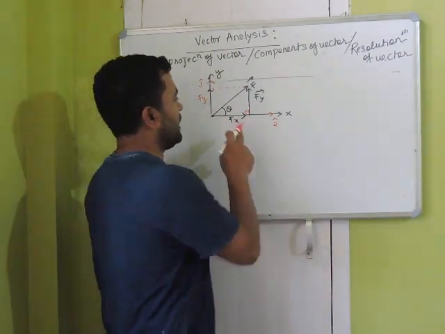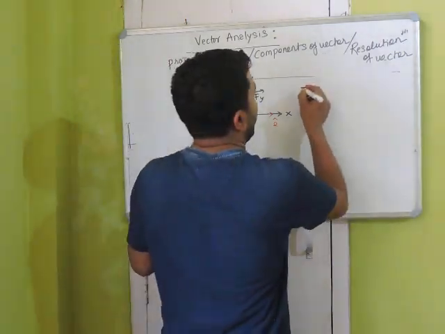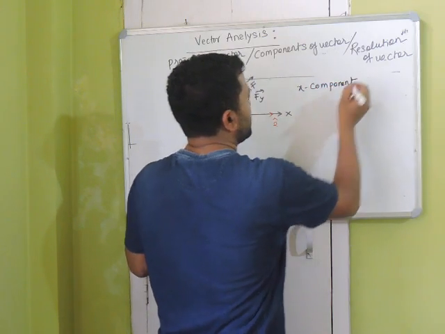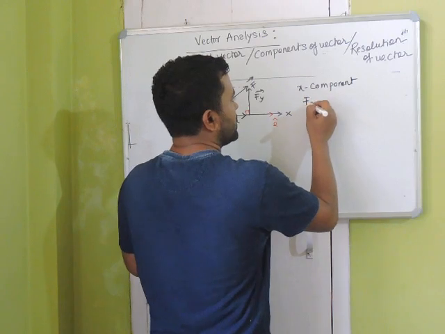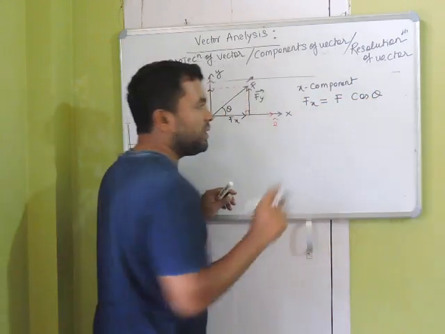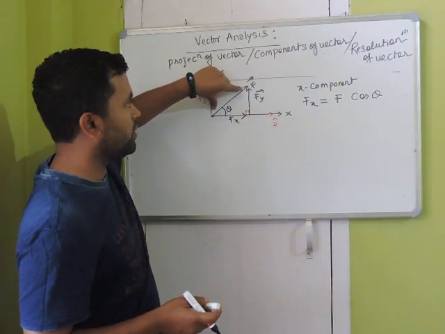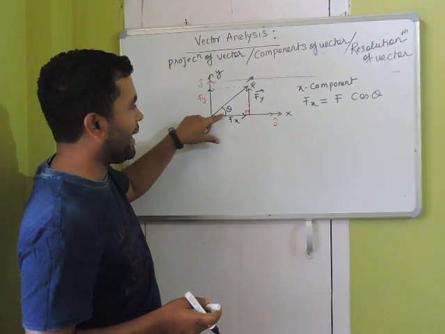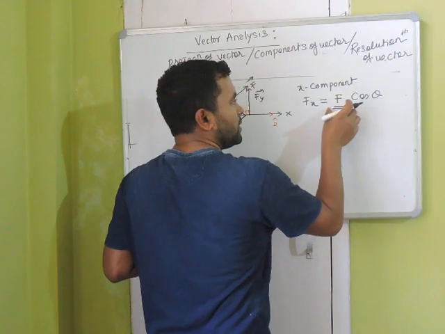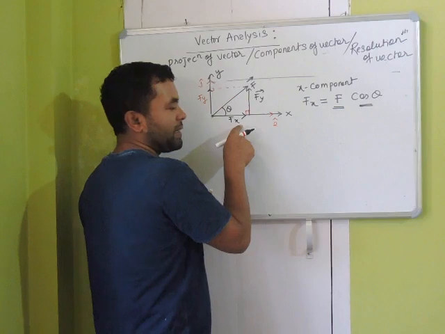It turns out that Fx, the x component, is F times cos theta. That means, if you know the vector length F, and if you know the angle theta, then it is the vector times the cos of the angle between the vector and the x-axis.